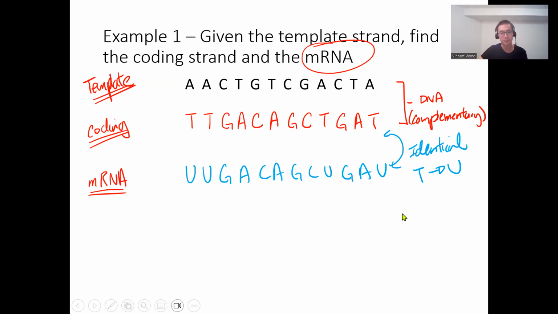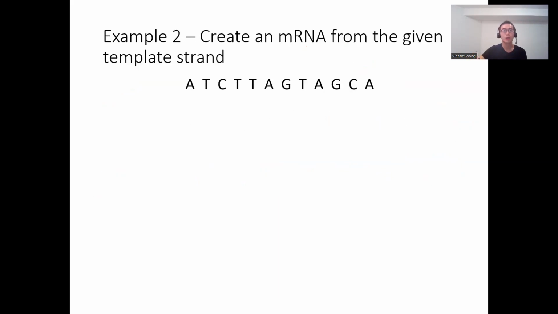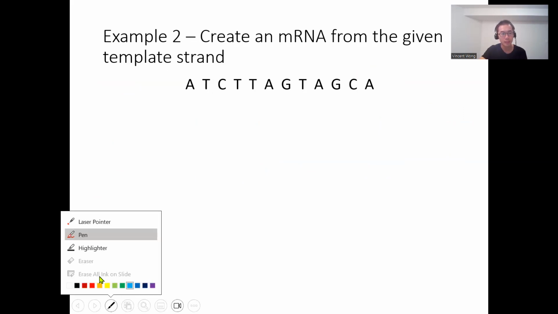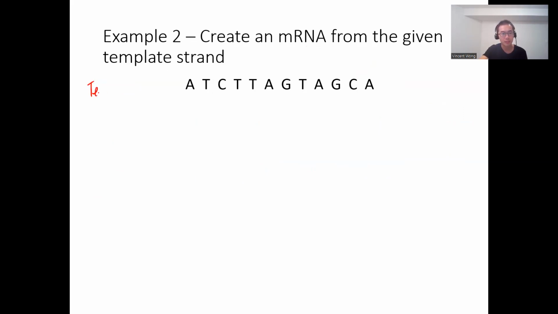Let's try another one. Create a messenger RNA from the given template strand. So this is the template. Now, if it makes you feel better, you can do the coding first, but you don't have to.